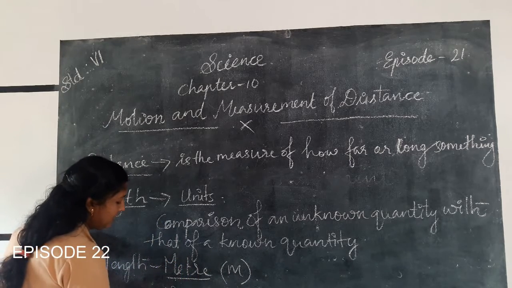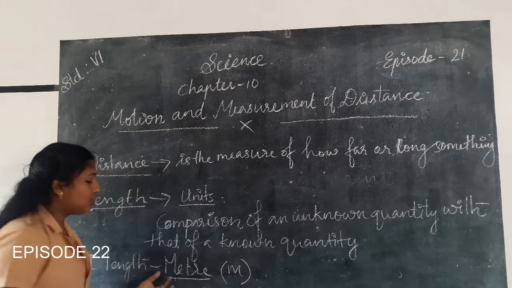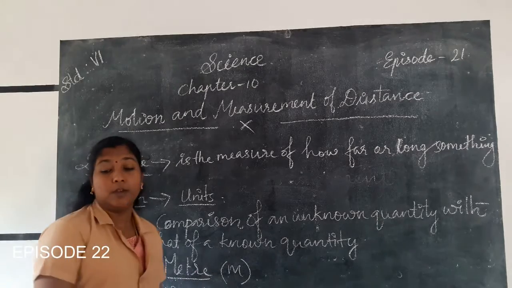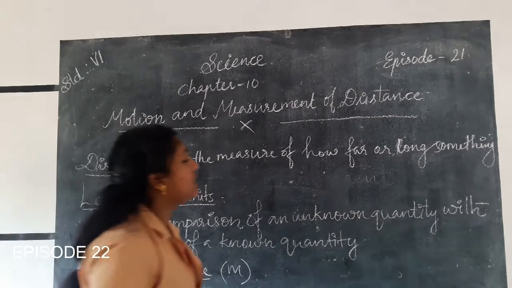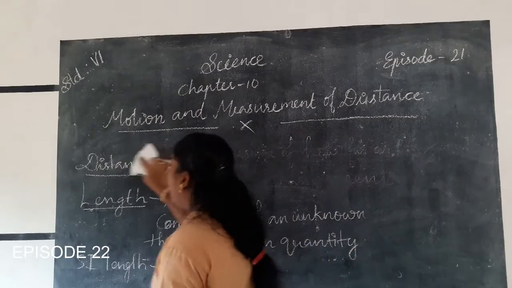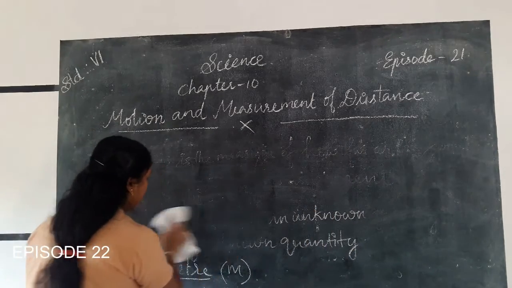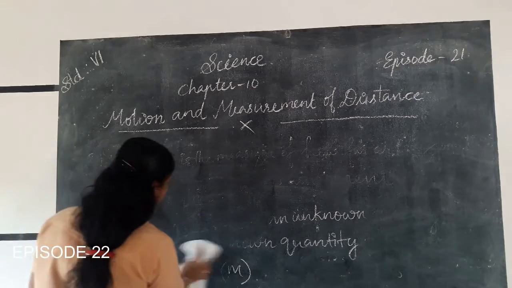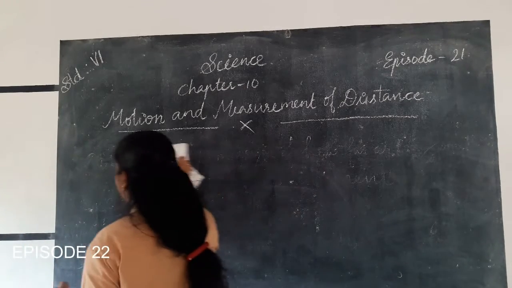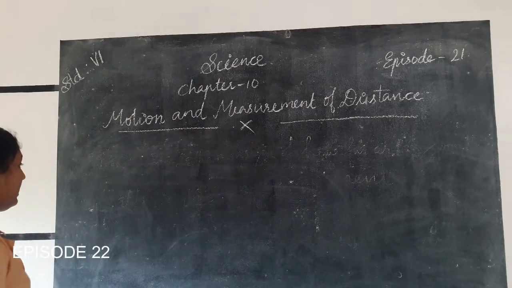We use meter scales for measuring lengths. So each meter is divided into 100 equal divisions. It is called centimeter.